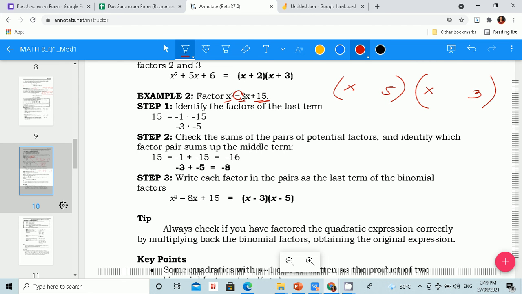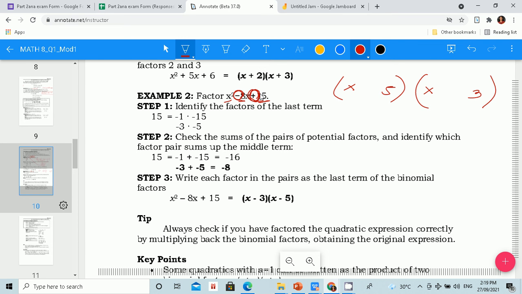So if we have negative, we will make sure that when we add, using FOIL, the answer is negative 8x. Okay, so it's positive here, positive.